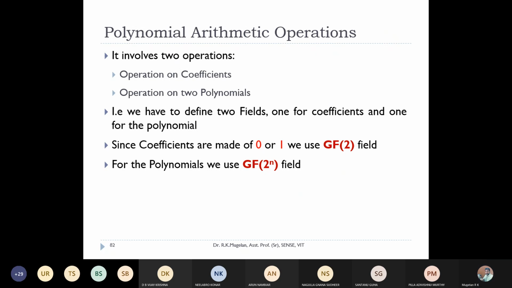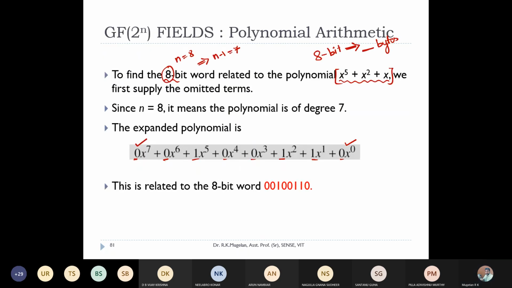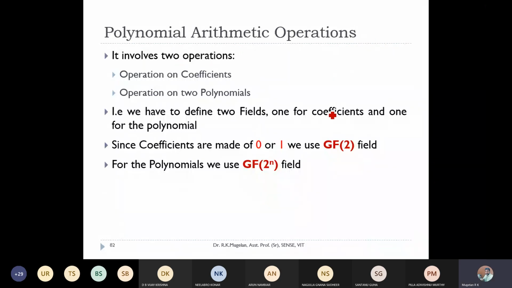Right. Now we move on to the polynomial arithmetic operations. Here we can perform two kinds of operations: operations based on the coefficients and operations on two polynomials. Two polynomials means two different polynomials.